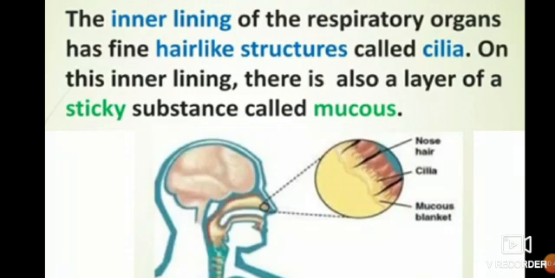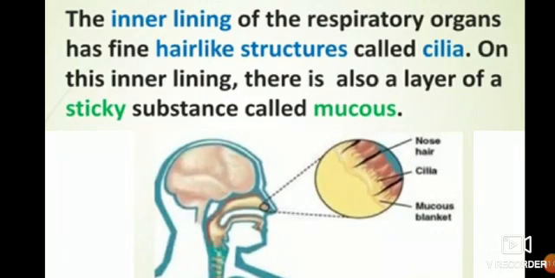So now what do you mean by this mucus? Have you all heard this name, mucus? When we suffer from flu, fever or cold, what happens? We sneeze, and the white liquid comes out from our nose, right?